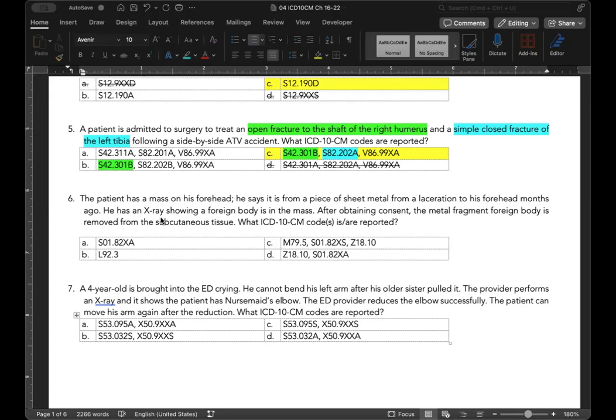Correct. So no. So since there's not active treatment happening towards the laceration during a healing phase or during the actual condition itself, the laceration has healed, right? It happened to the forehead months ago.